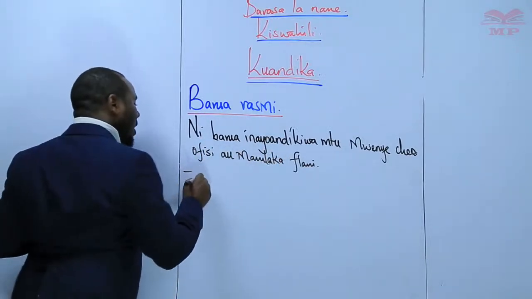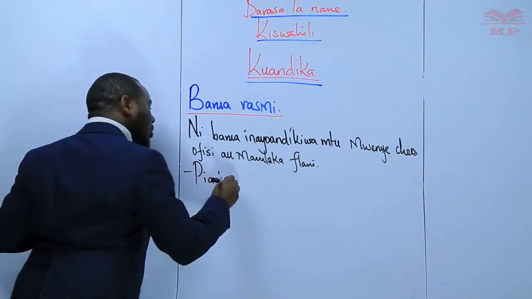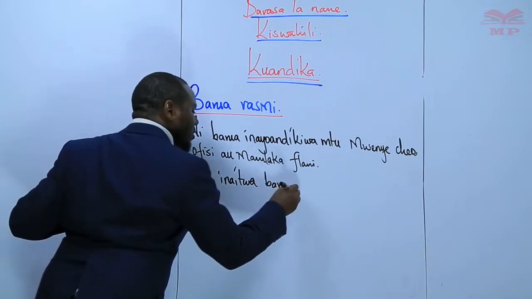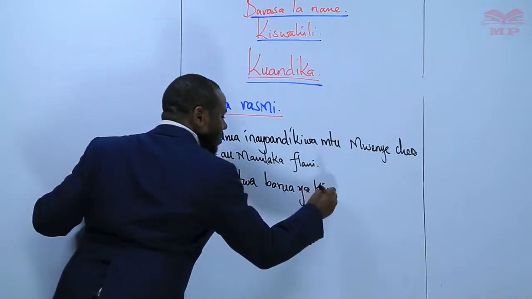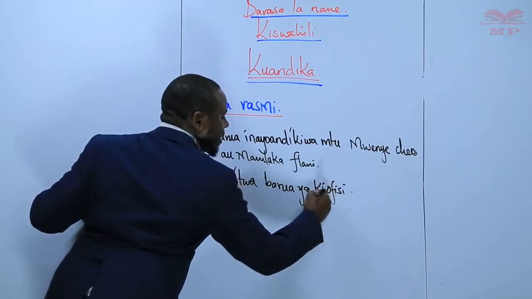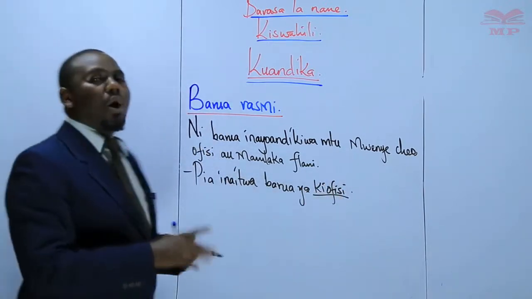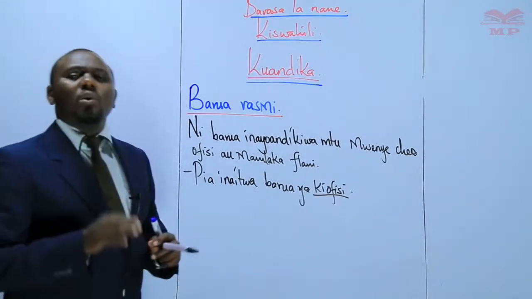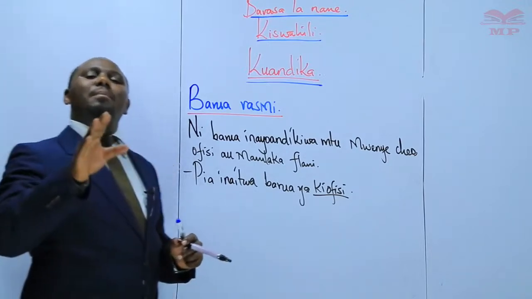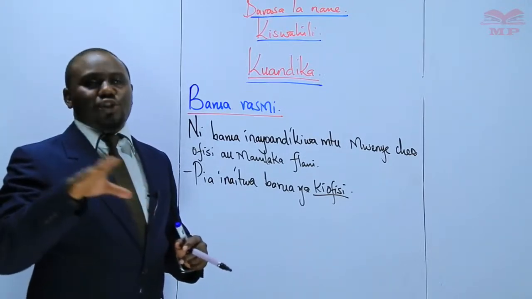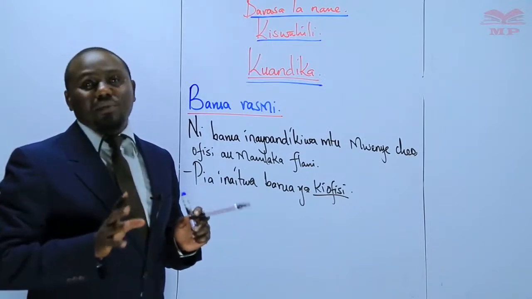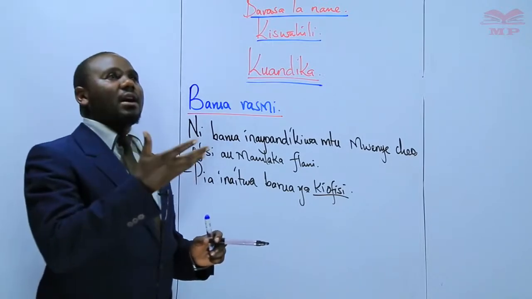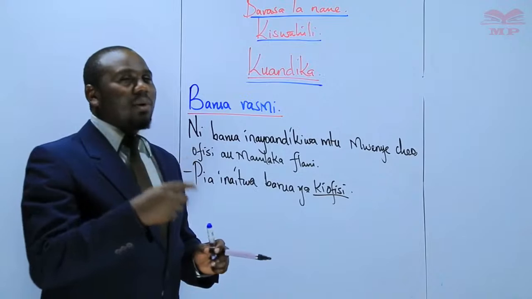Pia utapata inaitwa barua ya kiofisi. Katika lugha ya Kiingereza unasikia ikiitwa official letter. Basi katika barua za sampuli hii, lugha yake huwa ni ile ambayo ni ya adabu na heshima, na haionyeshi kufahamiana kwa vyovyote vile, haionyeshi kama anayeandika akimwandikia mwingine, haionyeshi kuna lugha ya kufahamiana.